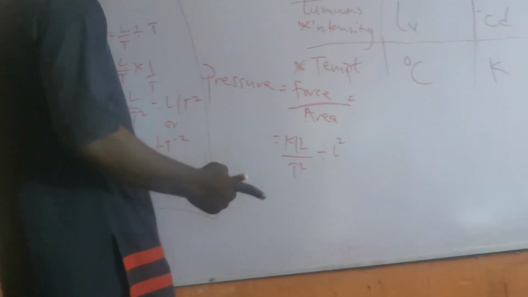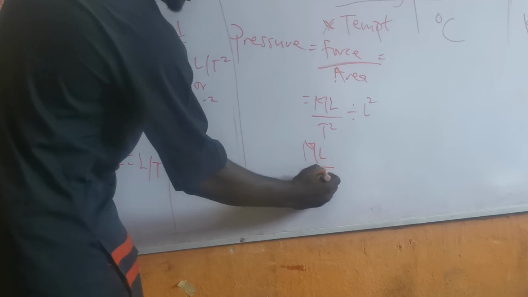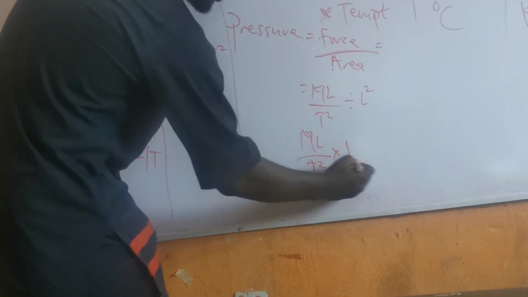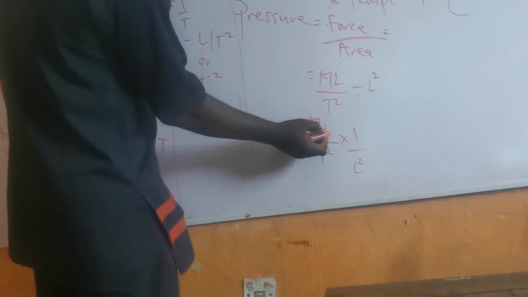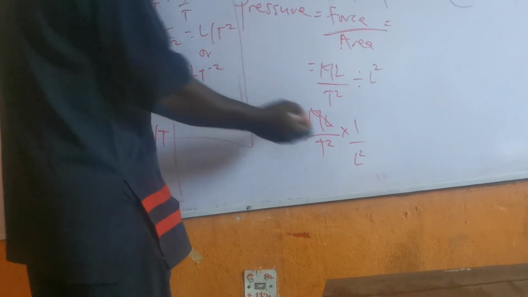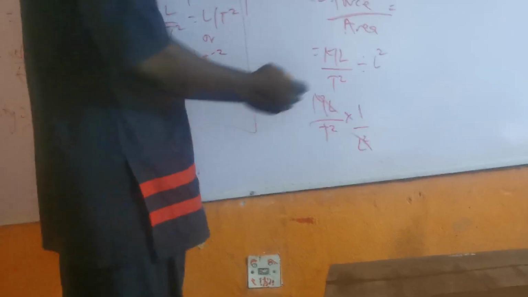So change your division to multiplication. That will be ML over T squared times 1 over L squared. Am I communicating? So we have one L at the top, we divide with the other L at the bottom. It's remaining one L, right?